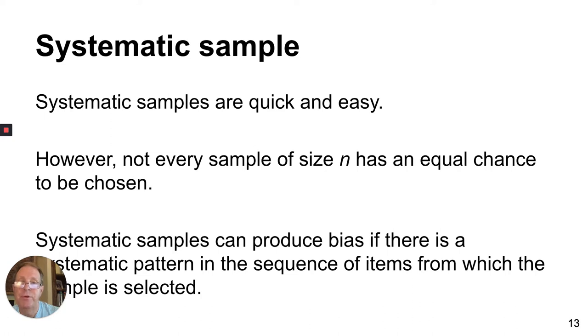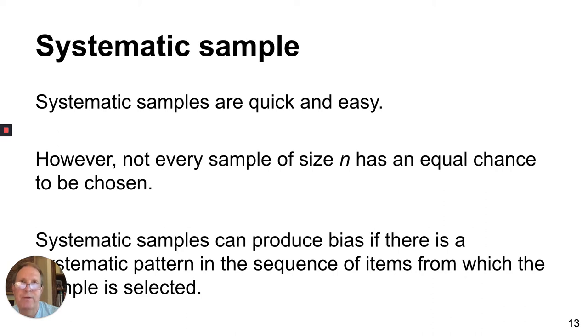Systematic samples can produce bias if there is a systematic pattern in the sequence of items from which the sample is selected. Suppose instead of having 83 college applications to read, I had 83 students to sample in my population, and they were arranged boy, girl, boy, girl.